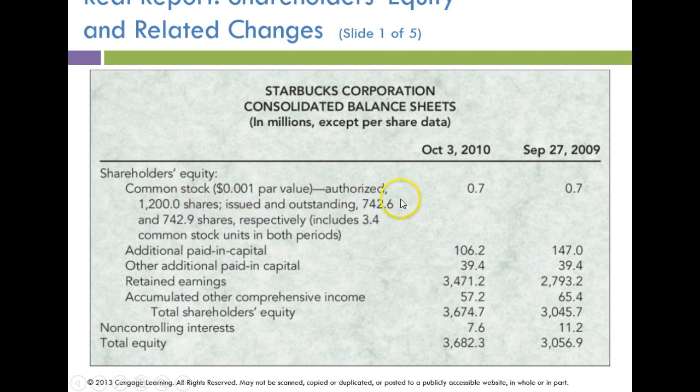Issued and outstanding, 742 and 742.9 shares. So basically, this shows the common stock out there. It's only at a 0.001 cent par value. That's not much, is it? Then we've got the additional paid-in capital, which is where most of the money is. Then we've got a piece here of other additional paid-in capital.